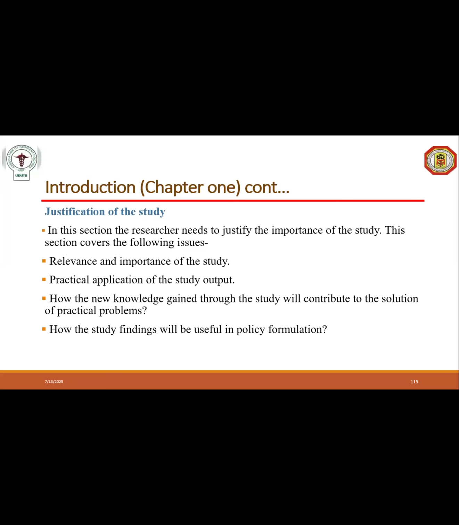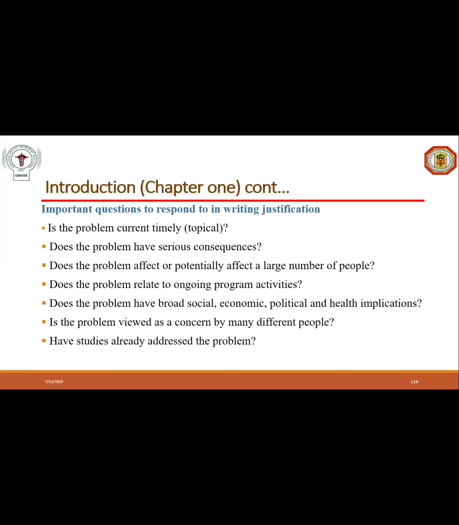Okay. So we are into the justification of the study. We have discussed that. Then the next one is the important questions to respond to in writing justification. 1, is the problem current and timely? 2, does the problem have serious consequences? Does the problem affect or potentially affect a large number of people? Does the problem relate to ongoing activities?